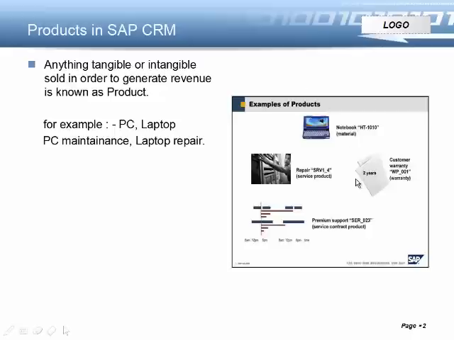All these are examples of products. Then there is service contract product shown here, so we will cover all of these things. From this picture I think you got some idea of what products are in SAP system, or more precisely in SAP CRM system. So now we are moving to the next slide.